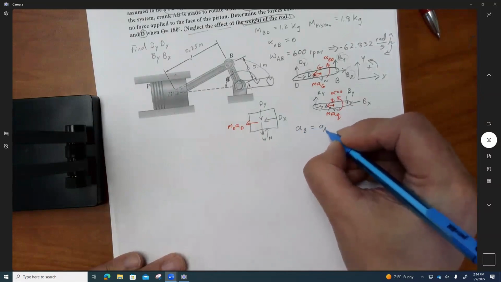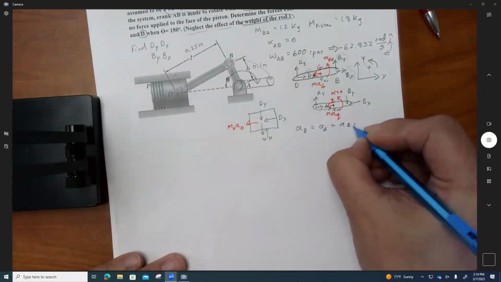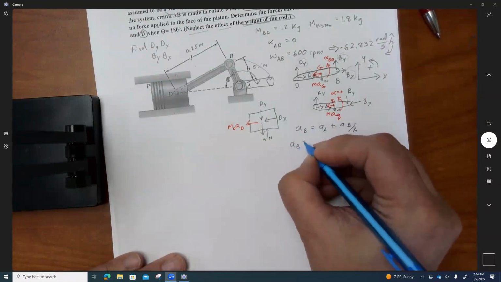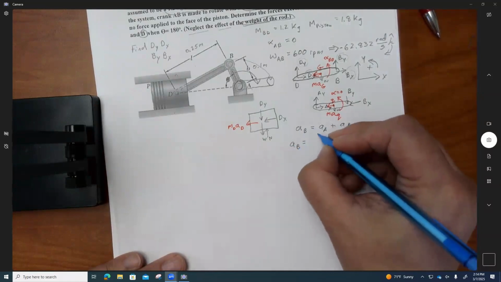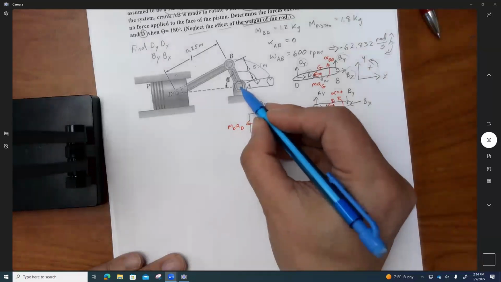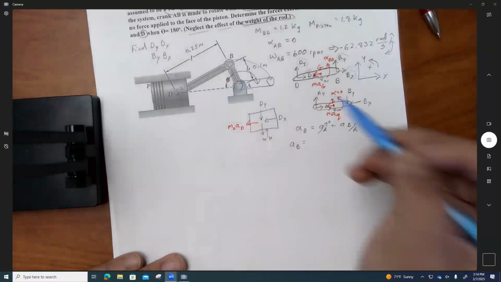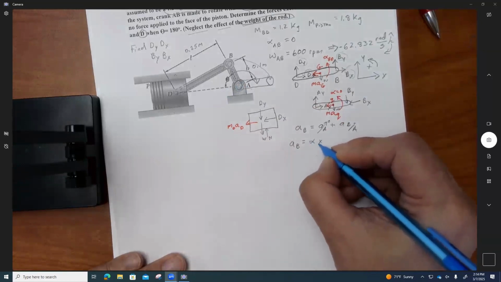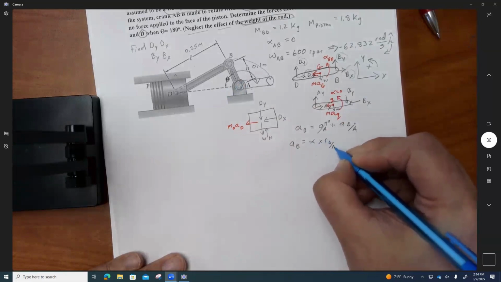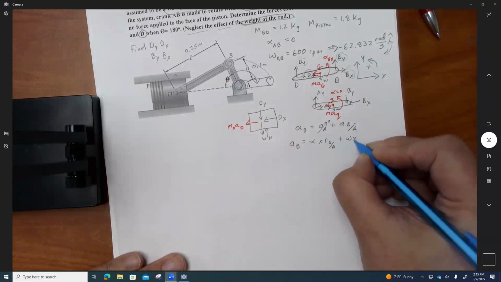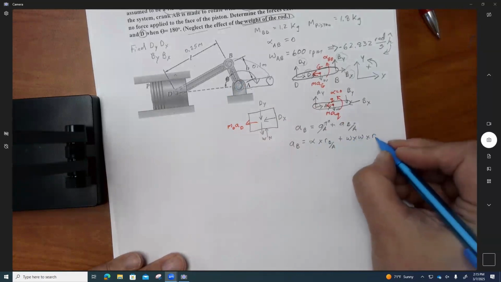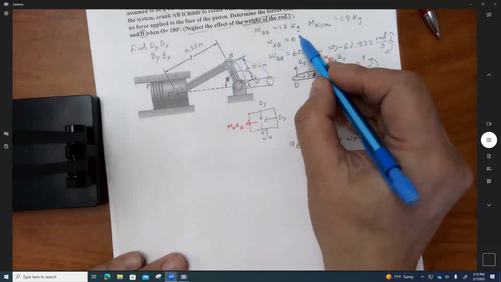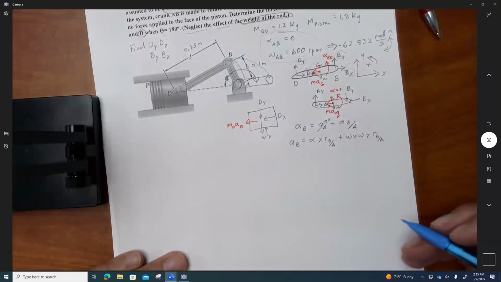Acceleration of B is equal to the acceleration of A plus the acceleration of B relative to A. The acceleration of B, therefore, is going to be equal to, this goes to 0 because A is not moving. It's anchored in place, so it's not translating. That would leave my alpha cross R of B relative to A plus the omega crossed with the omega crossed with R of B relative to A. And this is for this rod that I was given some information about. That is why I'm starting there.